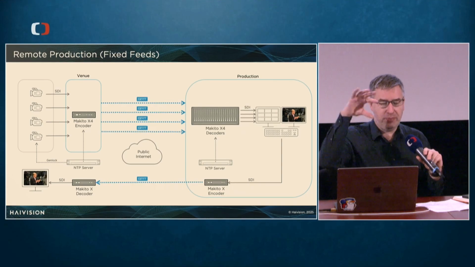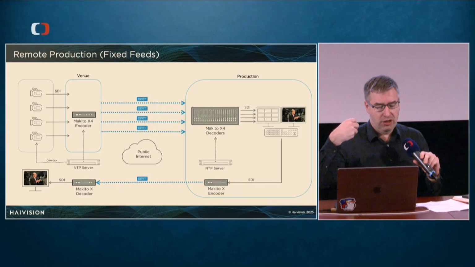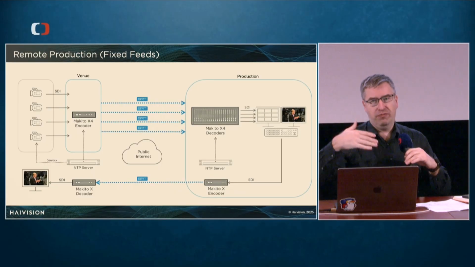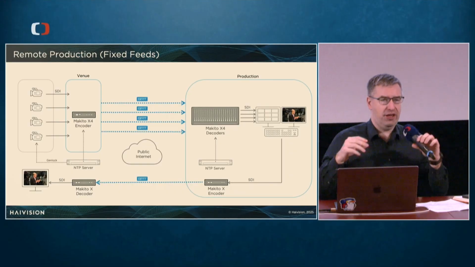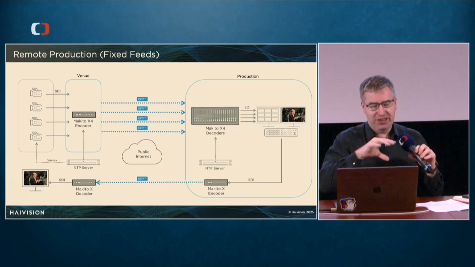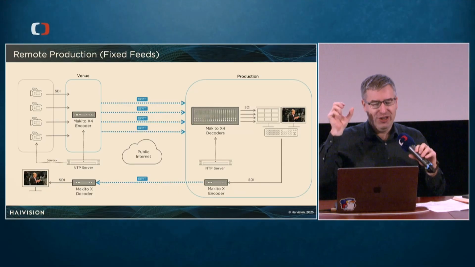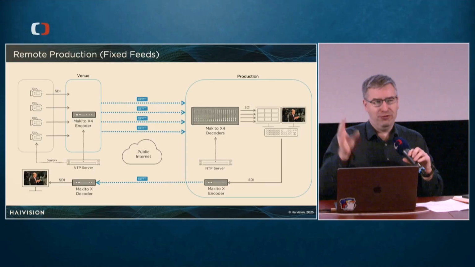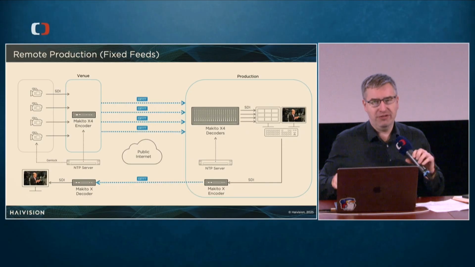And also, it's not dependent on a single encoder and decoder, so it can scale indefinitely. But you still need to use the same latency figures with all of your devices in the end.